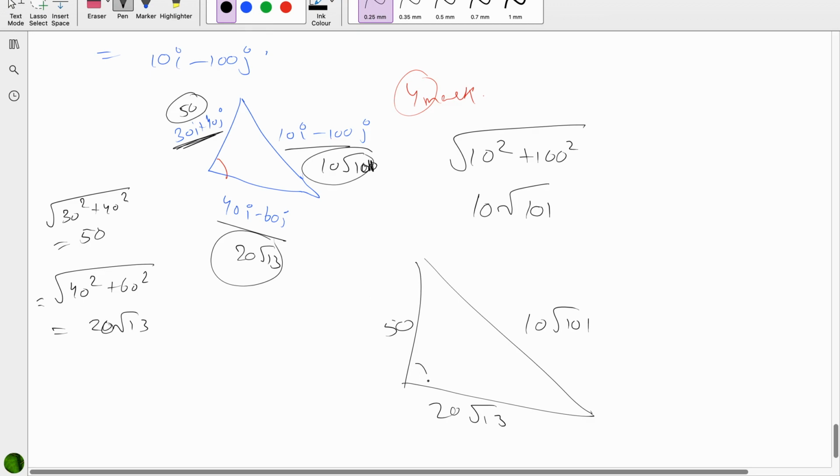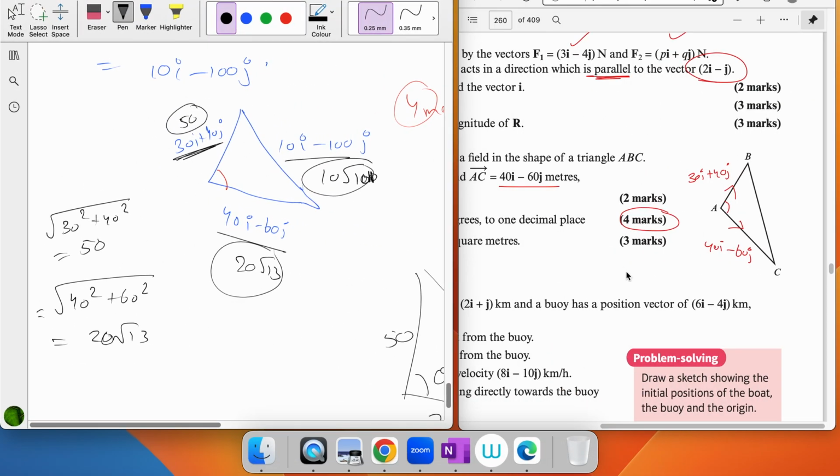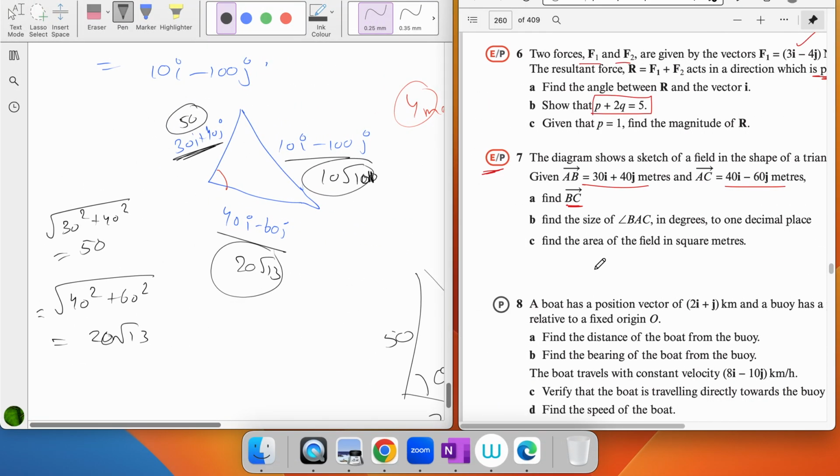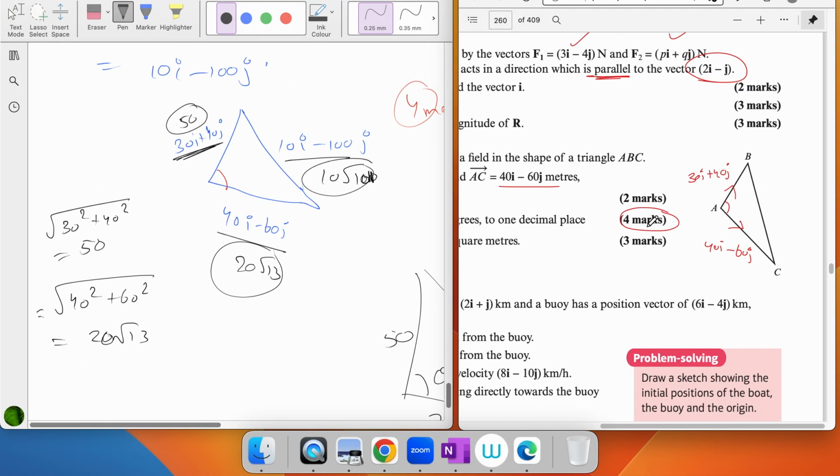The angle between these 2 sides was BAC. We are finding this angle.